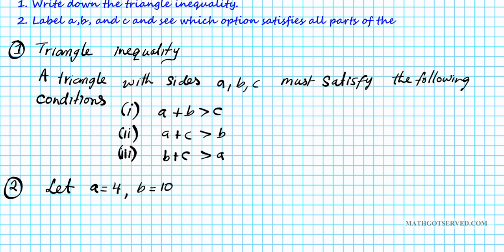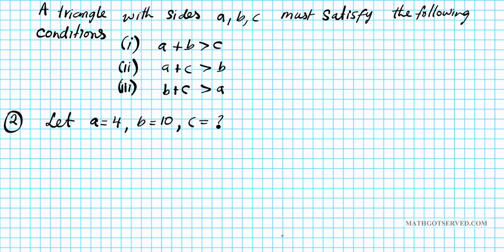C is one of the four options that has to ensure that the triangle satisfies the triangle inequality theorem. Okay, the sum of two sides must be bigger than the length of the third side. So in this problem, we're just going to work through the different options and test them to see which one passes all three inequalities.